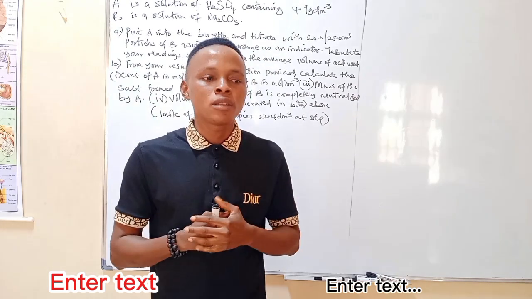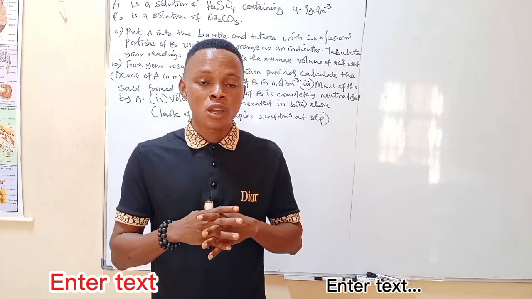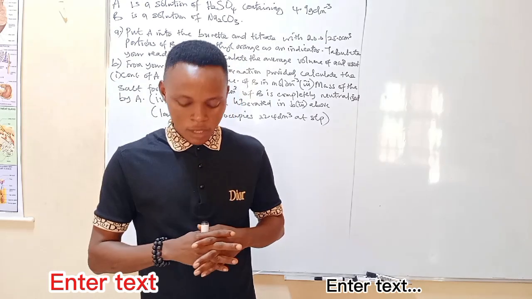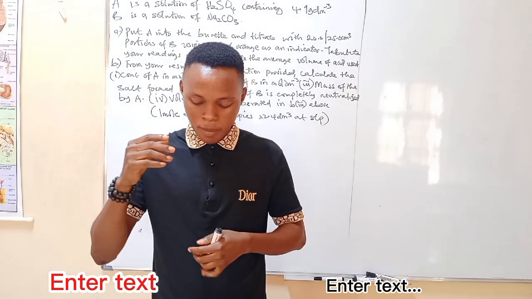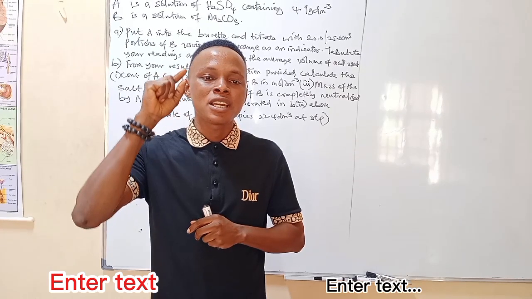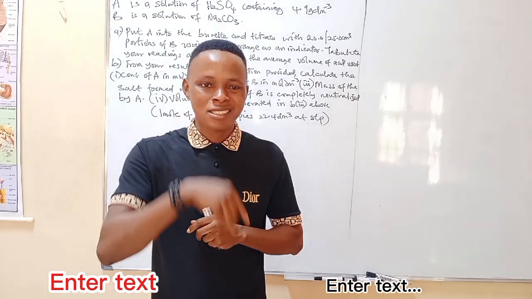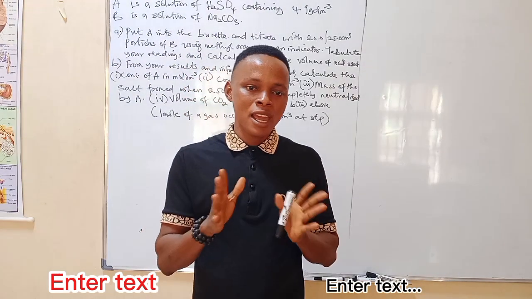We have been given the instruction that in 150 centimeters cube of water, we should dilute about 3.8 centimeters cube of concentrated tetraoxosulfate VI acid, and also label it as A.